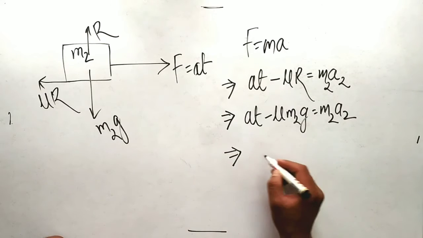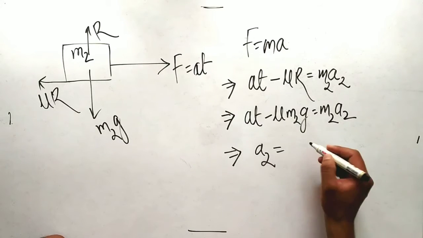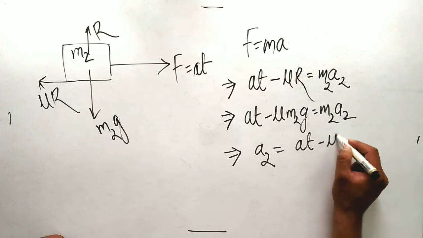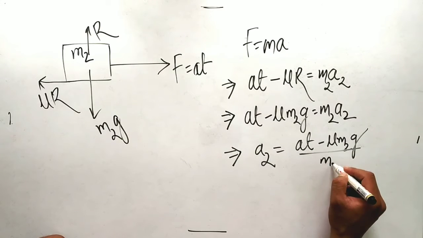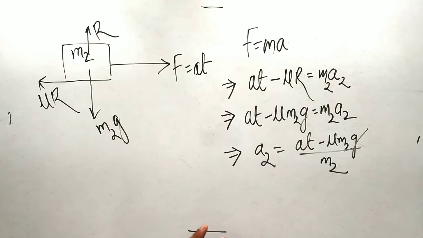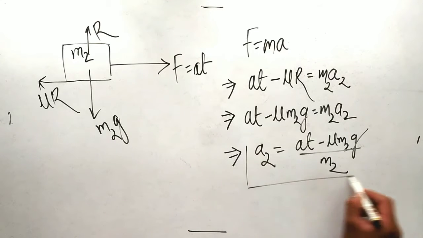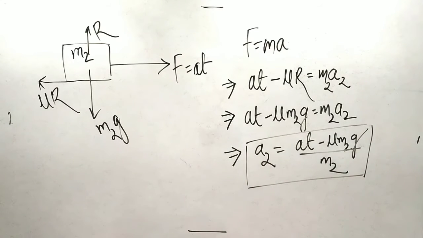This implies that A2 is equal to (AT minus mu m2 g) divided by m2. This is the acceleration of the block m2 when it is not moving with m1.